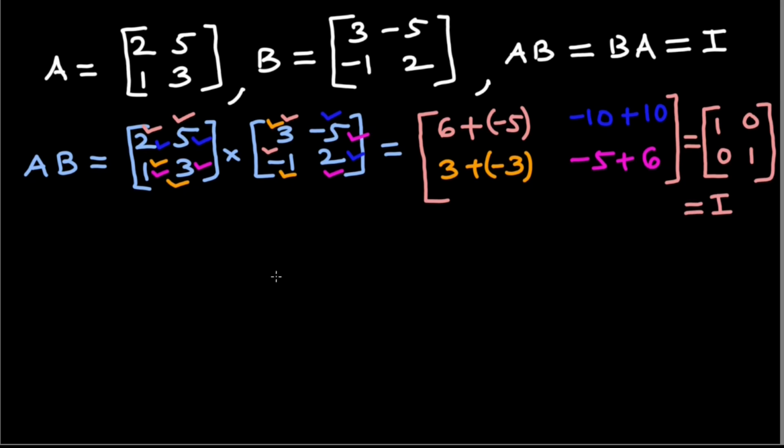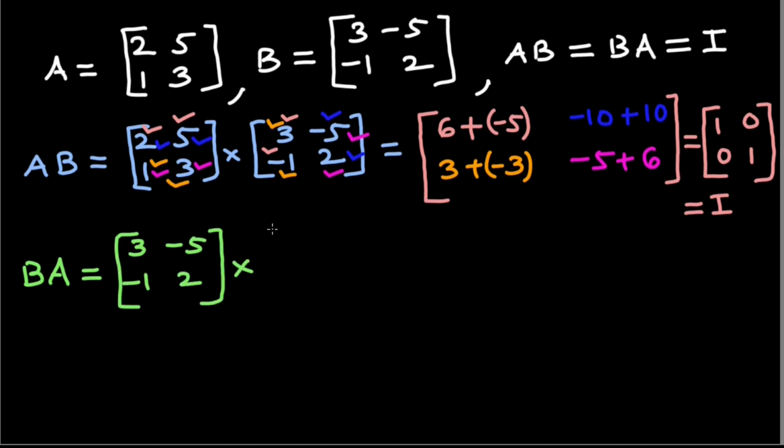Now let us perform BA. It will be [3 -5; -1 2] multiplied by [2 5; 1 3].